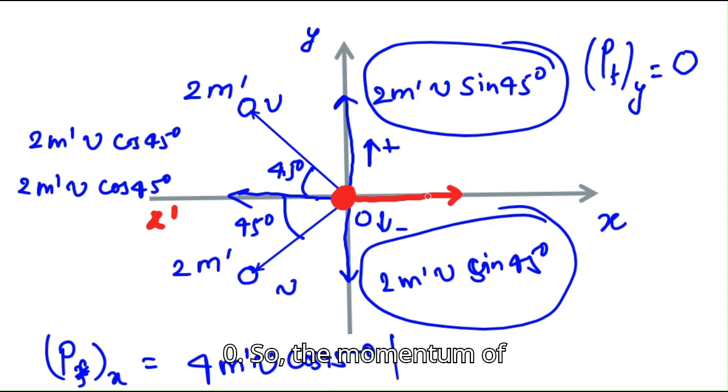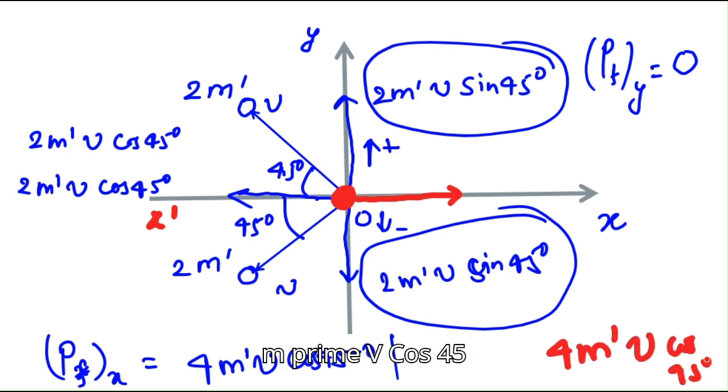So the momentum of this third fragment should be 4 m prime v cos 45 degrees.